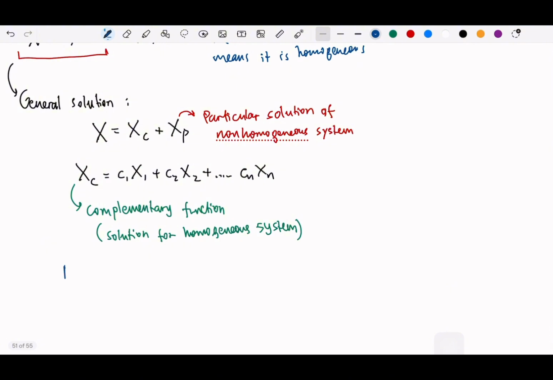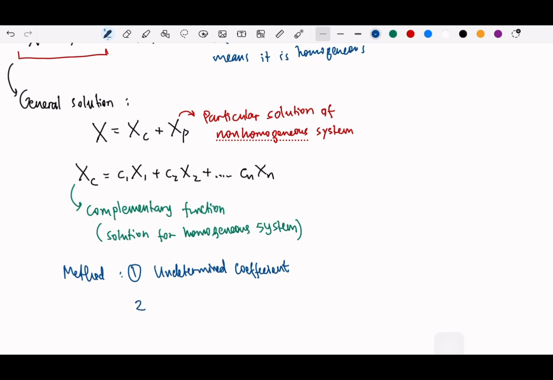First is the undetermined coefficient, which basically means that we match the coefficients for each part of the variables.